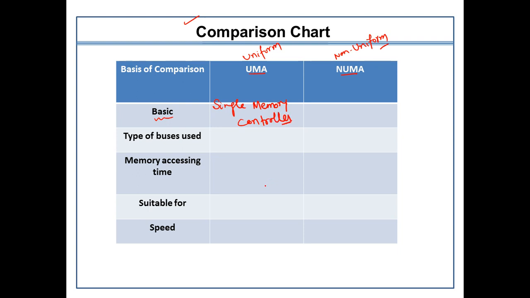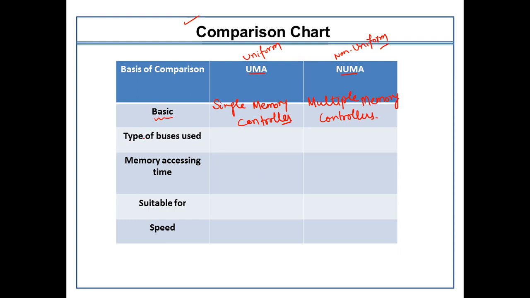There was only one shared memory which is uniformly accessed by all the processors, right? But in the case of non-uniform access, we have multiple memory controllers available. So this is the basic architecture.